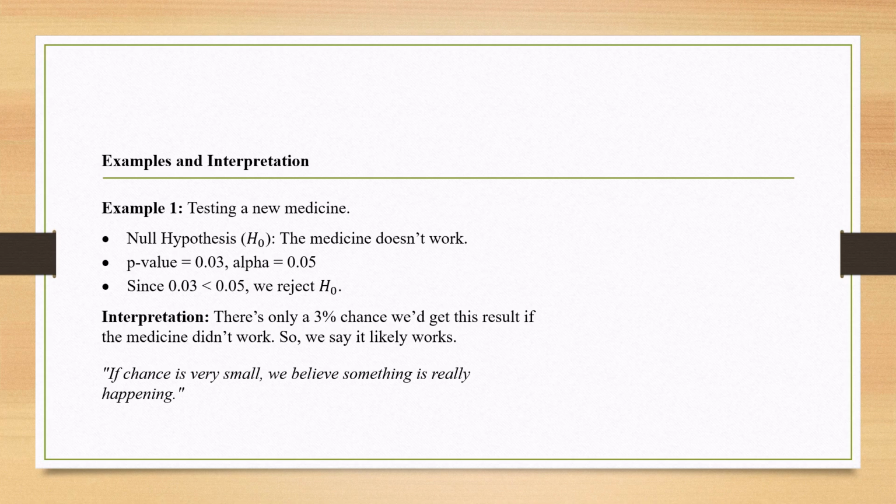There is only a 3% chance we would get this result if the medicine did not actually work. So we say it likely does work. In simple terms, if the chance is very small, we believe something is really happening.